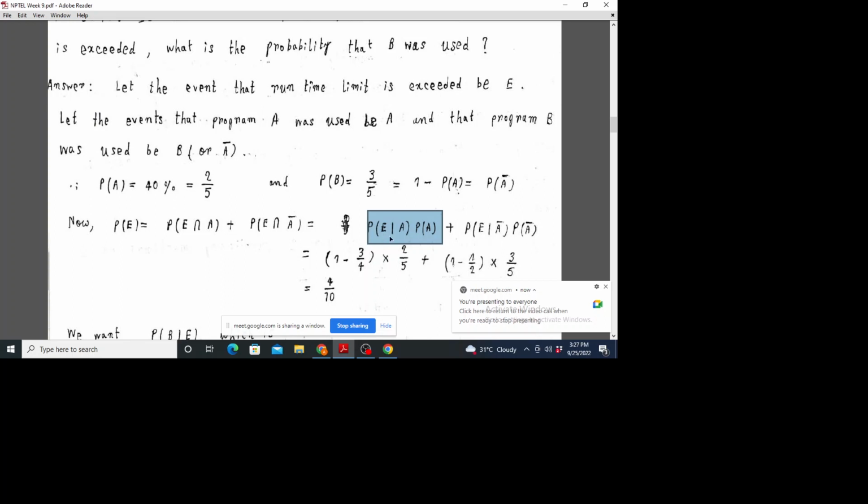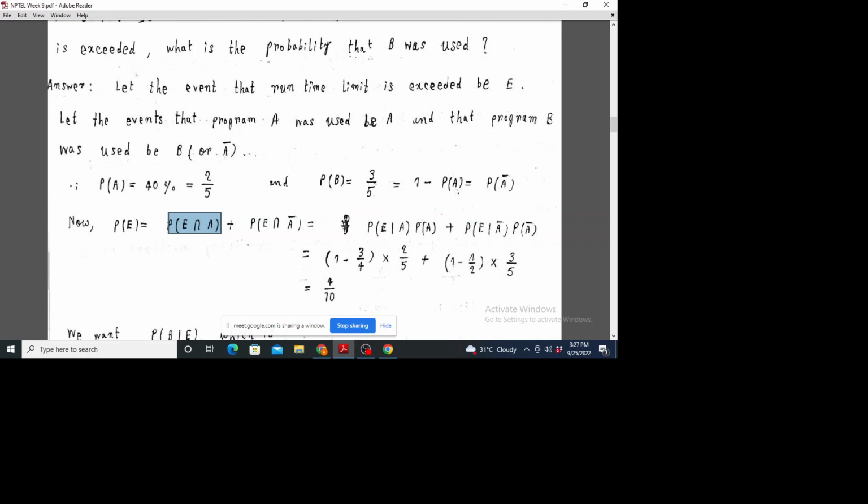So the conditional probability that E has occurred given A has already occurred, P(E|A), multiplied by P(A) gives P(E intersection A).